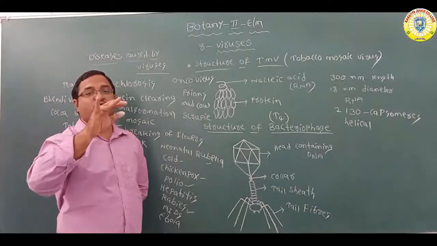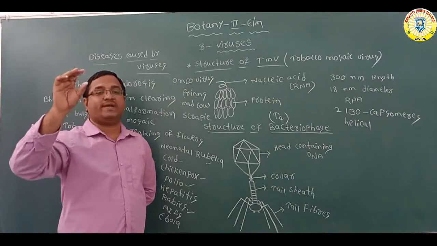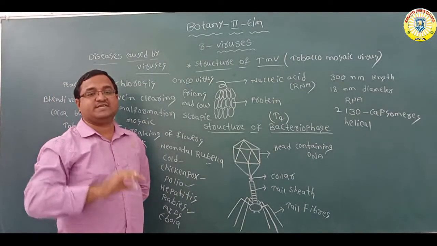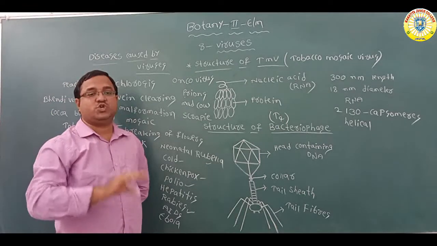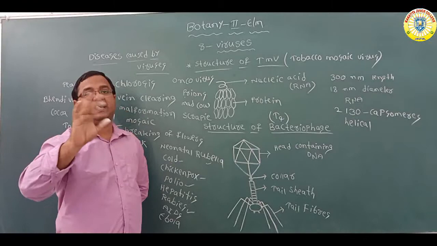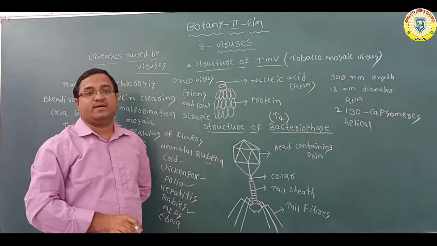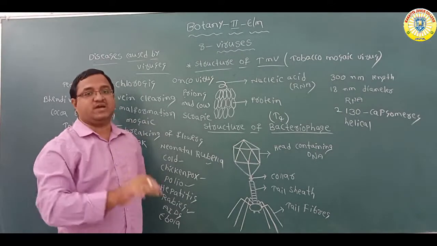Mad cow disease is common in cows, and scrapie disease is common in sheep. So these are the two diseases you can remember.